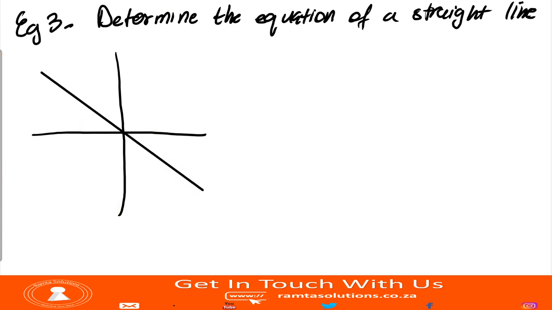Yeah, that's fine. Perfect. So then we are also given a point here with coordinates minus 2 and 10. Minus 2 and 10. Okay. And this passes through 0, the origin. Right?